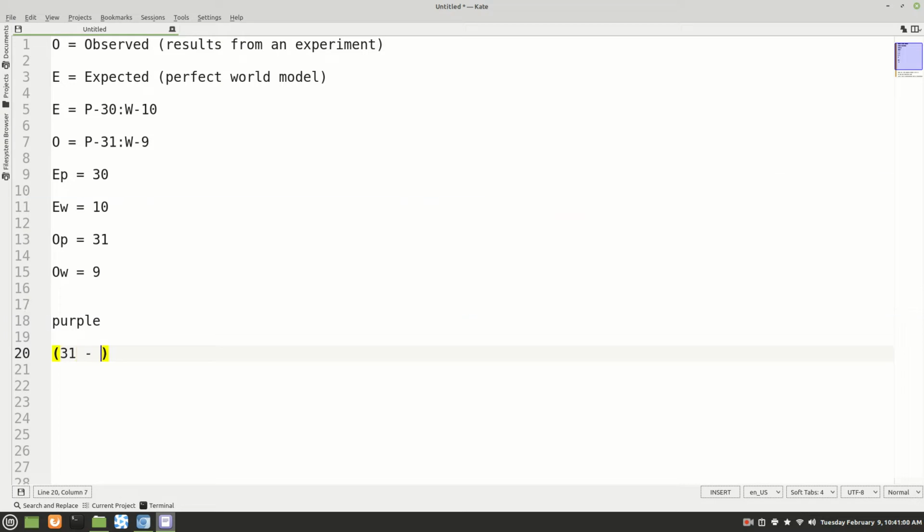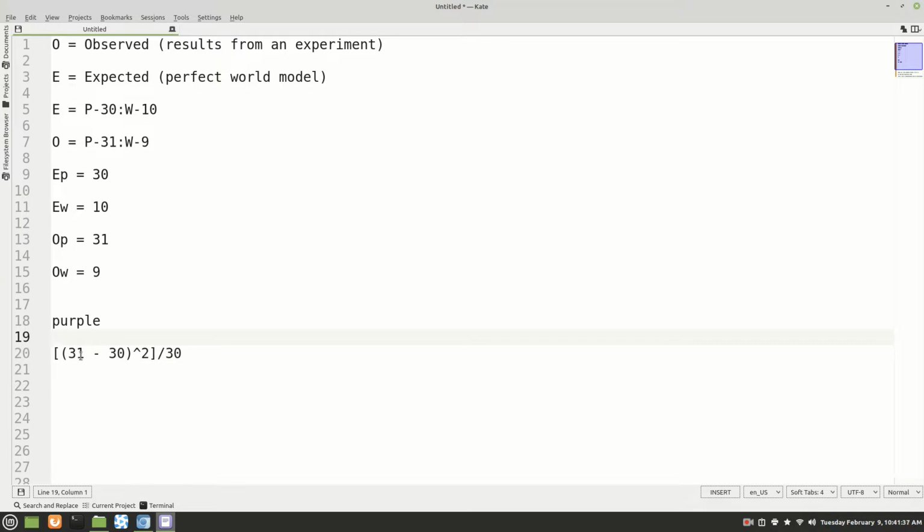And then we are going to subtract our expected, which is 30. Now we're going to have to square, so we just multiply it by itself, whatever that answer is. So I'm going to use this to say square it. And then we're going to take everything there, whatever our answer is, I'll put that in brackets. And then we're going to divide by our expected. So EP is 30. So this is the equation for purple.